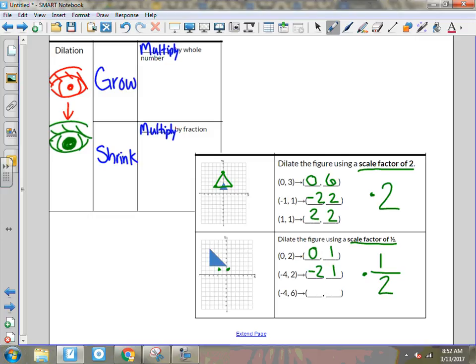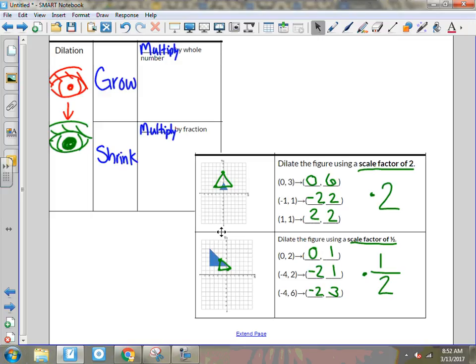And then -4, 6 is going to turn into -2, 3. So -2, 1, 2, 3. Now this triangle is half the size of the other triangle.